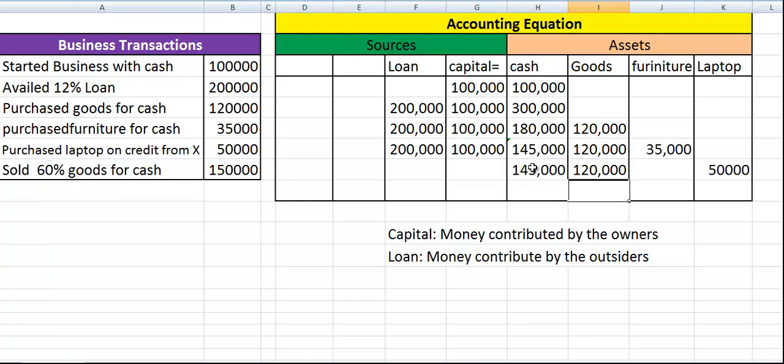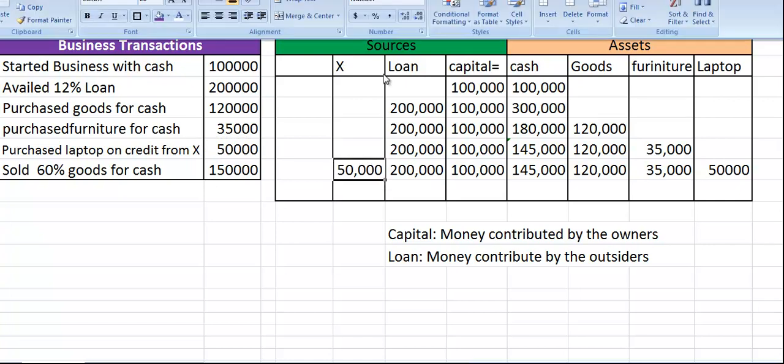No change in the goods, no change in the furniture, no change in the capital, no change in the loan, but they purchased on credit from one Mr. X, so therefore this will appear as a source. So let me show you that.